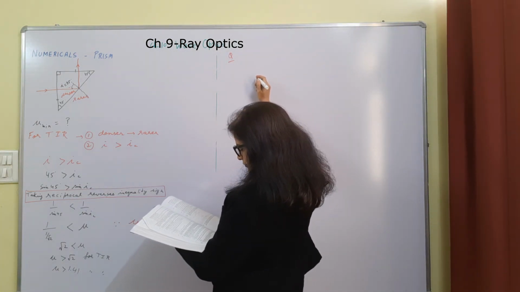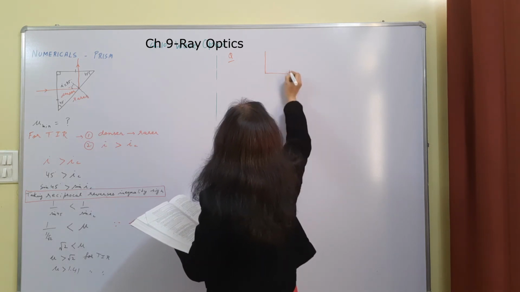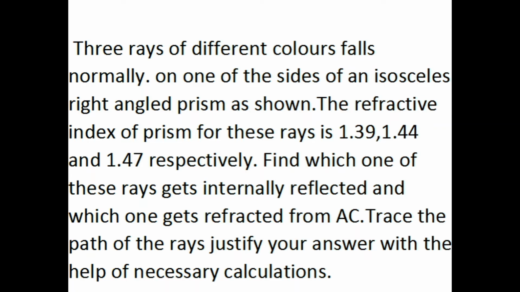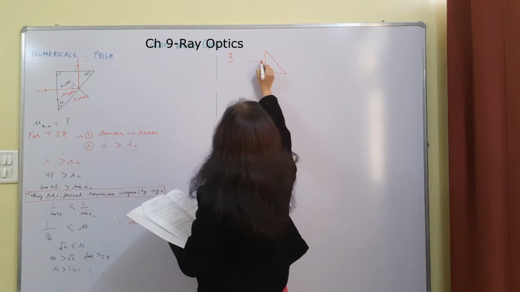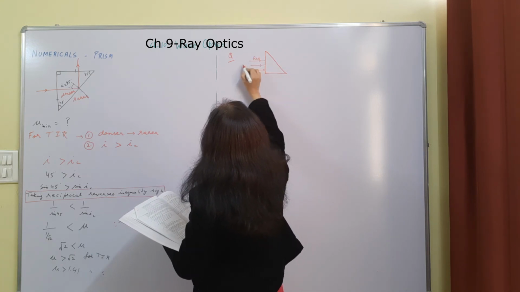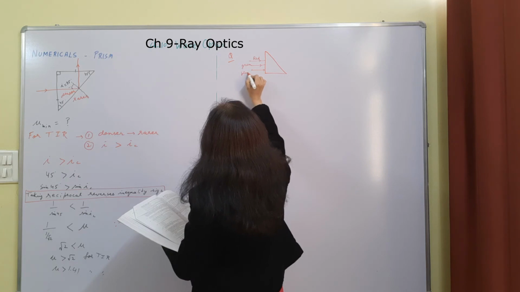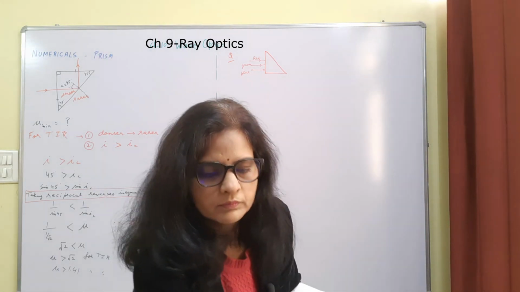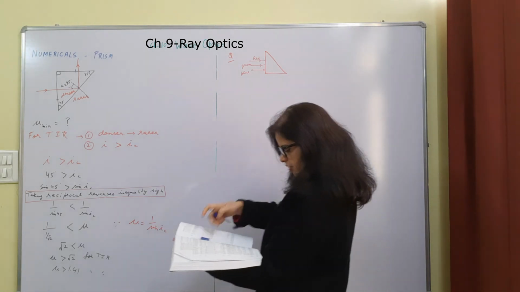A beam of light consisting of red, green and blue colors is incident on a right angle prism.